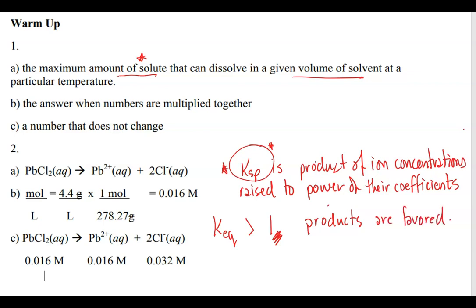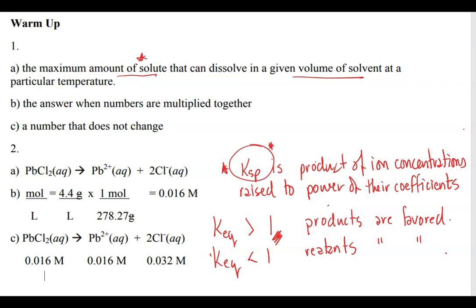Meaning that there's likely more concentration of products at equilibrium than there is reactants. And if it was less than 1, the opposite would be true. If the Keq was less than 1, that would tell us that reactants are favored, and so there's more reactants at equilibrium than there is products.